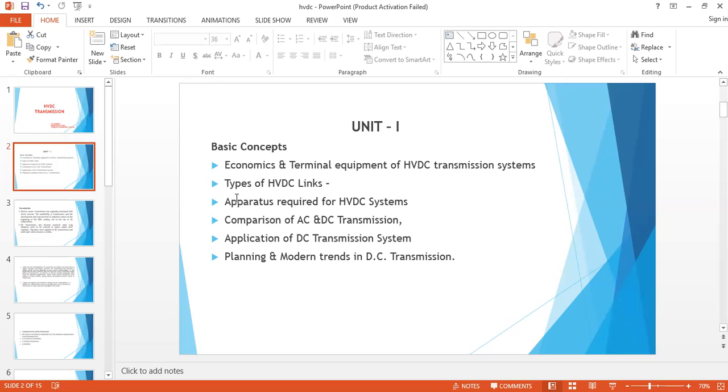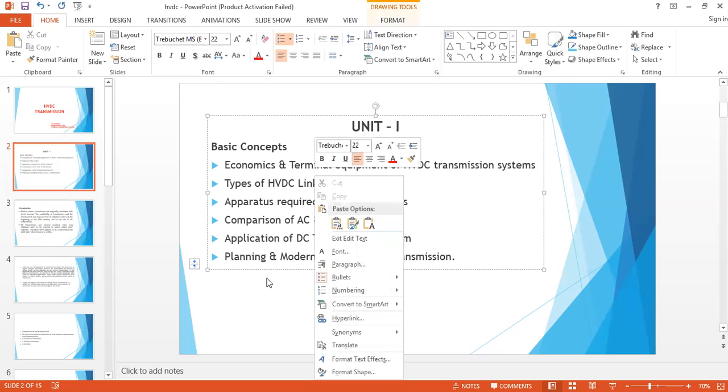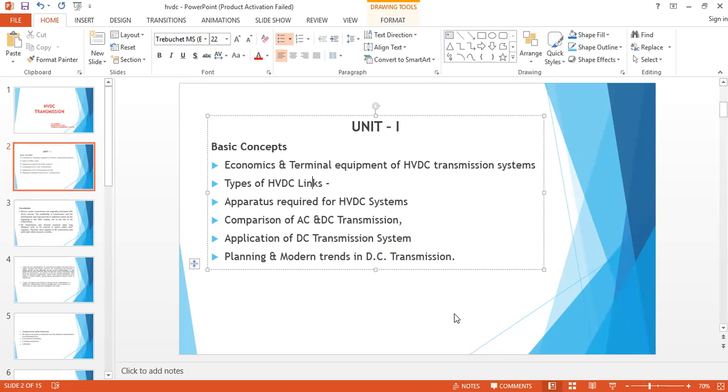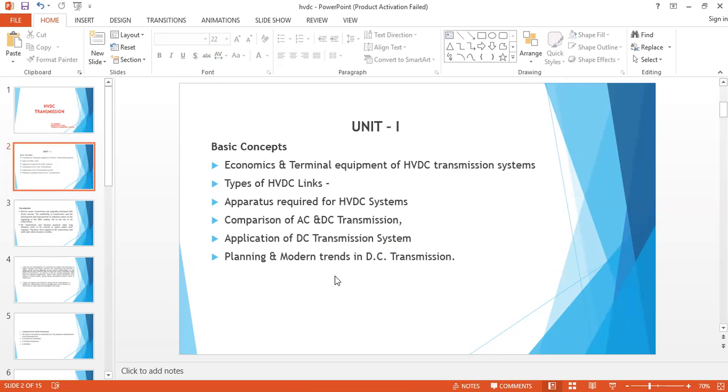We will go deeper into discussion in unit one. The basic concepts and topics are: economic and technical equipment used in HVDC transmission systems. What are the types of HVDC links? Like in AC transmission we have single phase, three phase, here also there are some types for transmitting power from one station to another.